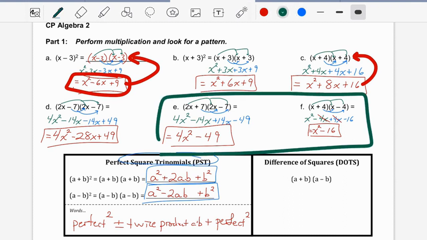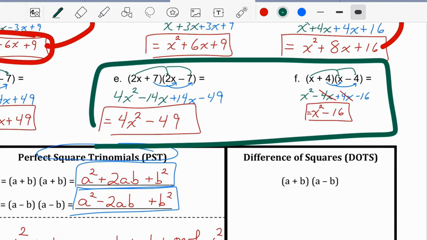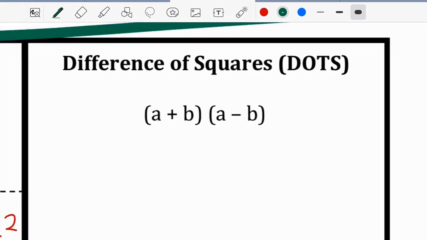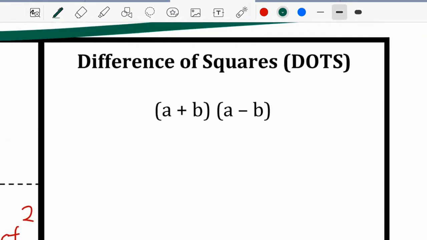How about the last two that we did here? Did you guys realize that these were actually special because they had a plus and a minus? And when you have a plus and a minus, look what kind of answer you get. You always get an answer that involves perfect squares and a subtraction sign, and we call that a difference of squares. How can we simulate that with A's and B's?